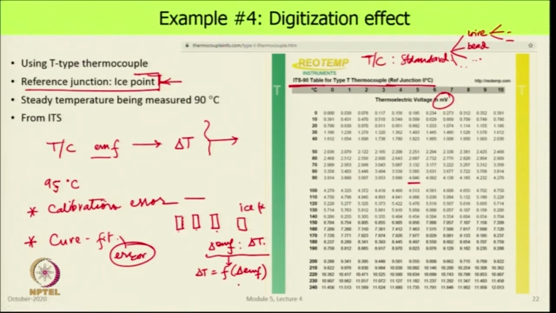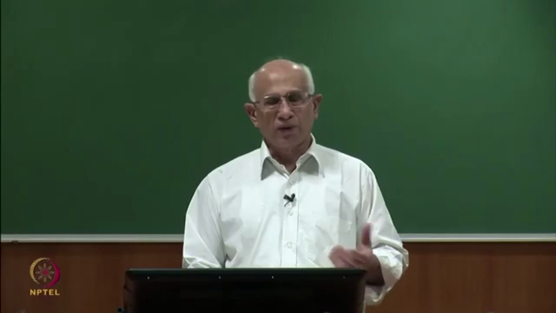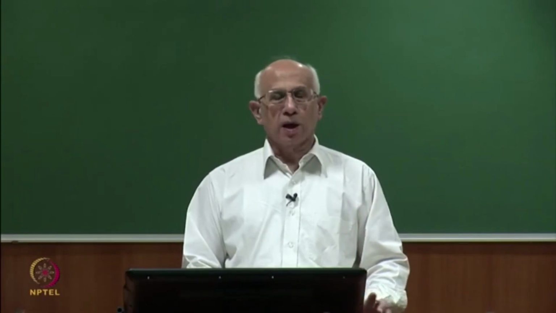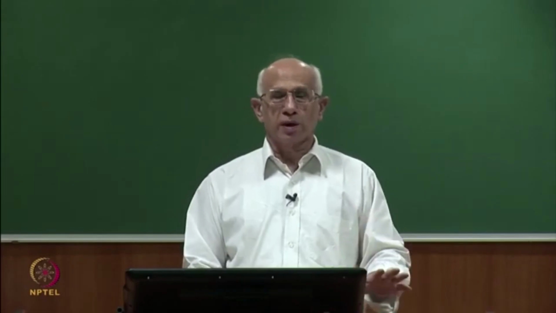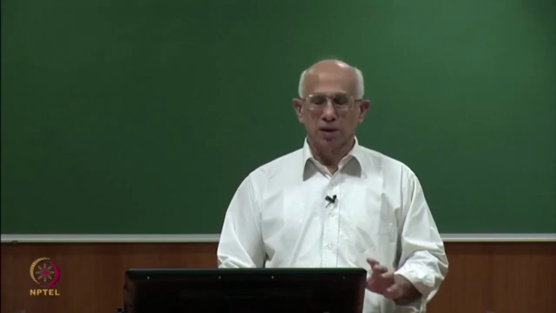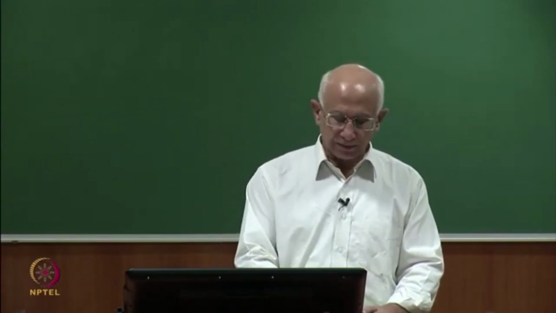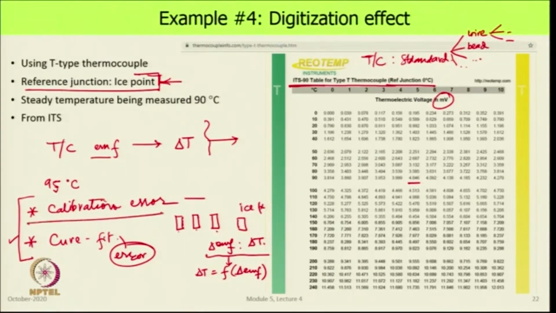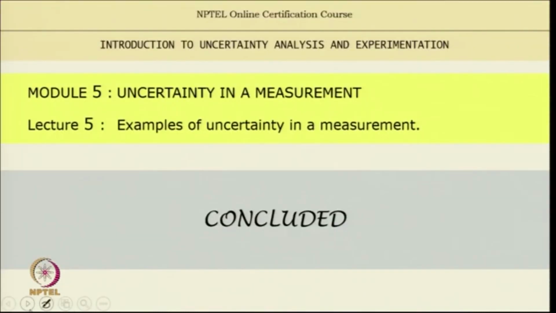In the example I gave, we did not have to worry about it because the indicator itself had all these things built into it, and after doing all that, they have quoted their error or their accuracy of the device as something. So, they took care of these things, especially calibration. So, those were some examples of how to go about doing uncertainty in a measurement.